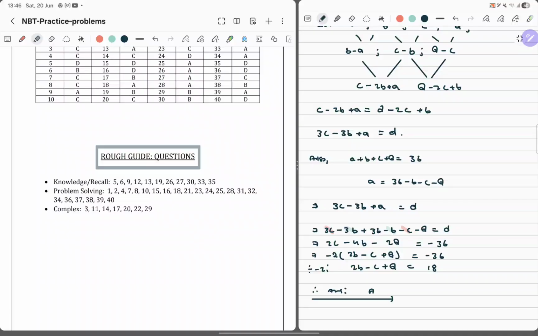All right, so obviously this should be level 4, right? Problem solving level 3. Knowledge and recall, maybe we can say level 2 or 1 because it depends on the challenge, but I think level 2 would be best.